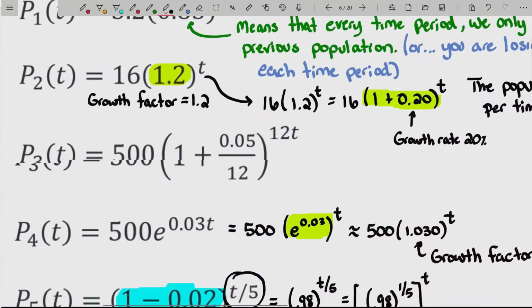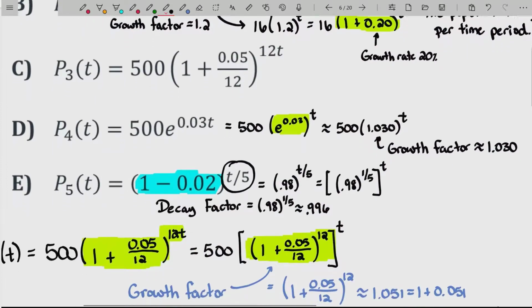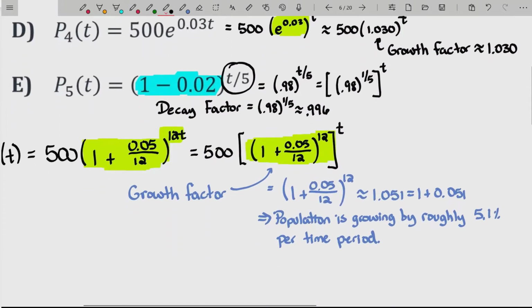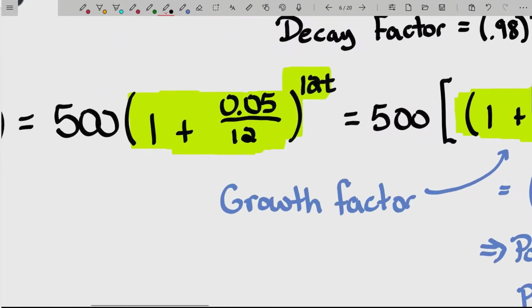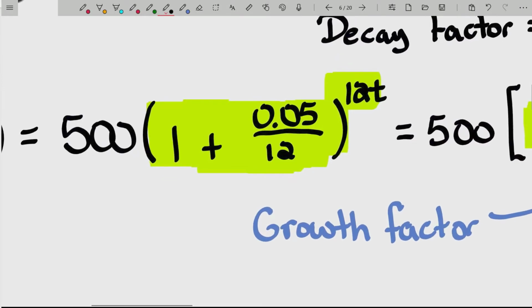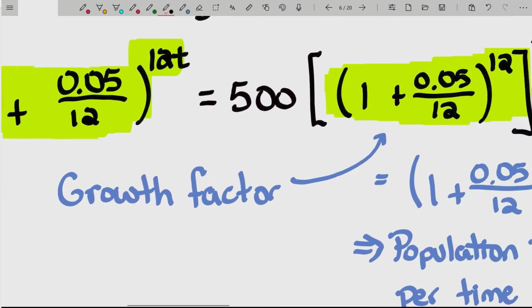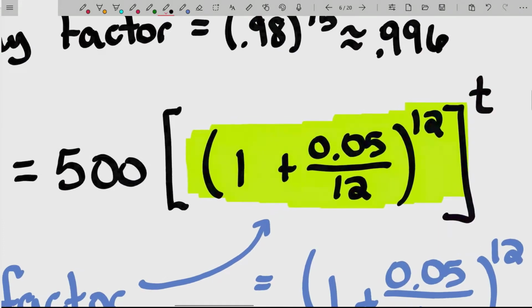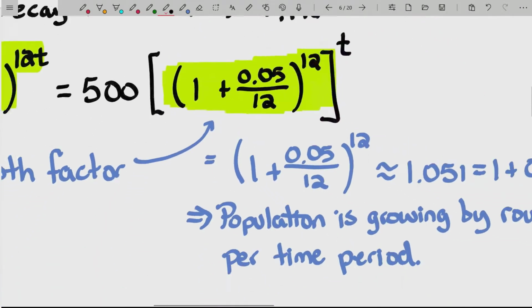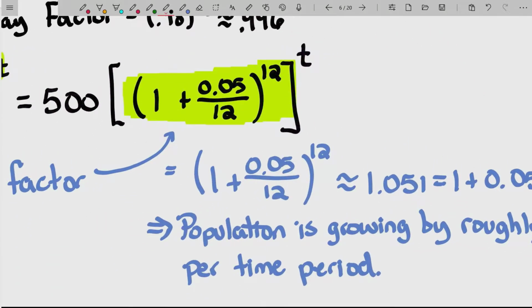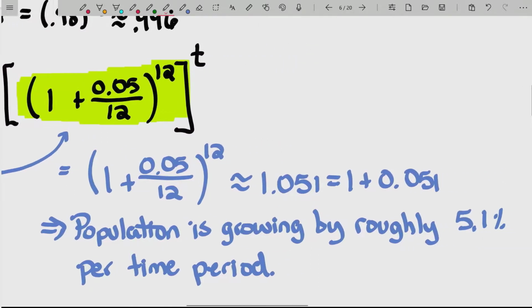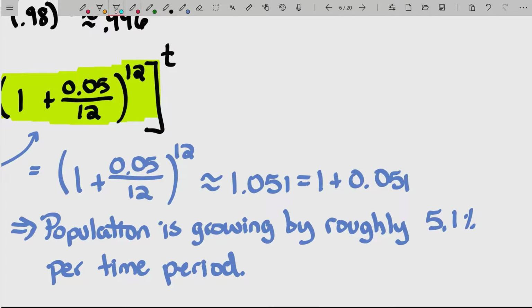All of these problems have growth and decay rates. They're just not explicitly written. But for example, this compound interest problem that we took a look at, we said the growth factor was that number right there. And that number was roughly 1.051. But I could write that as 1 plus something.